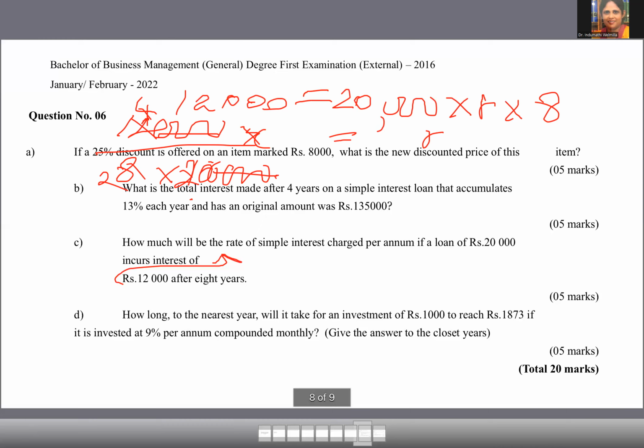Yes, the answer should be 0.075 equals R. Then converting it to a percentage, it becomes 7.5%. So it's okay, and these questions are very easy.